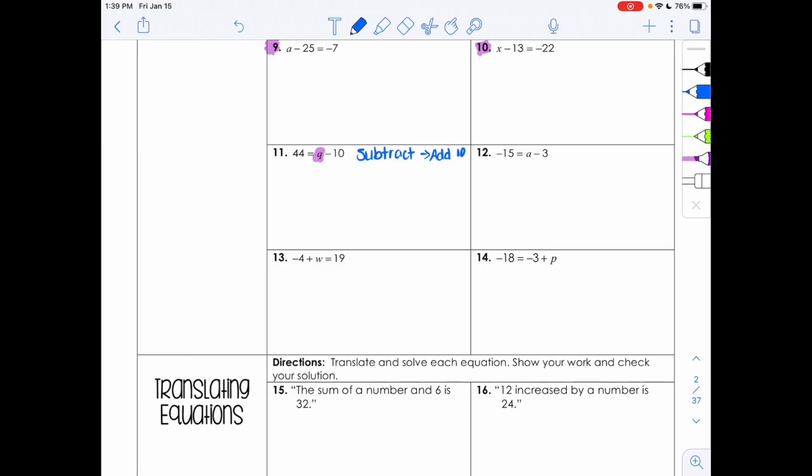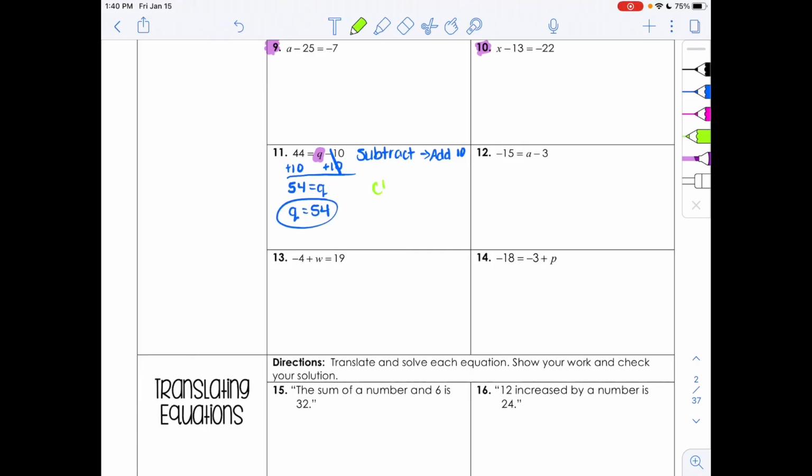Remember, you have to do that to both sides. And we line it up with our like terms. So 44 plus 10 is 54 equals q. And then negative 10 plus 10 is 0, so we mark it out. But remember, when we get an answer like this, you want to just flip-flop it so that it says q equals 54.